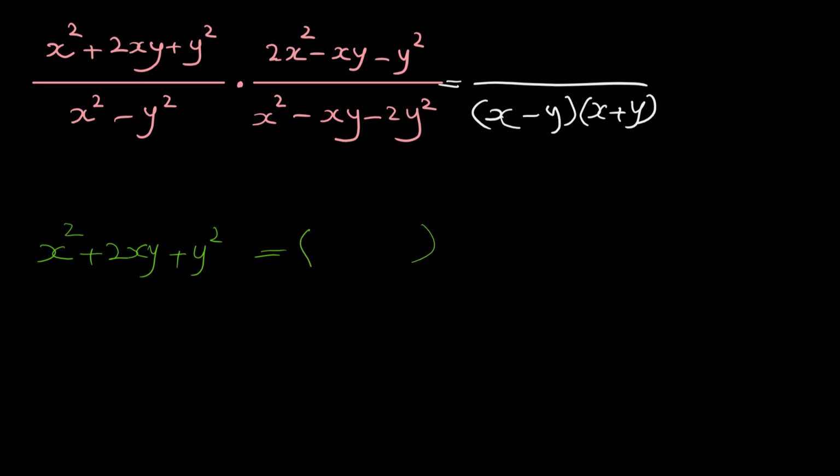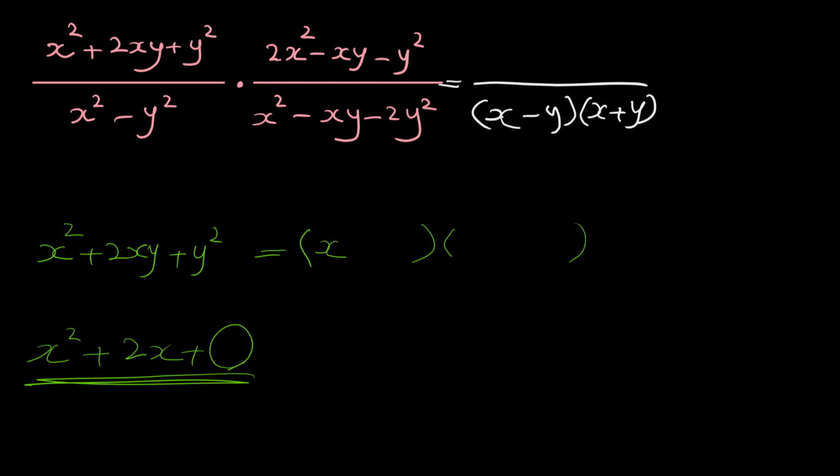But if you consider this as a normal trinomial, like x^2 plus 2x plus a number, how do we factor a trinomial like this? We put two brackets, and in each bracket we put x. Do the same thing here. So whenever we have the extra variable y, for factoring trinomials like this, we treat it like a normal trinomial.